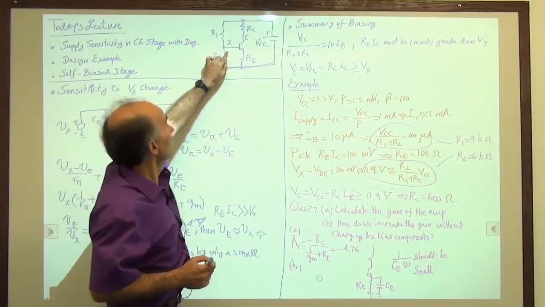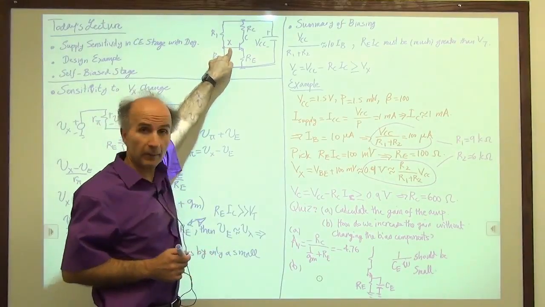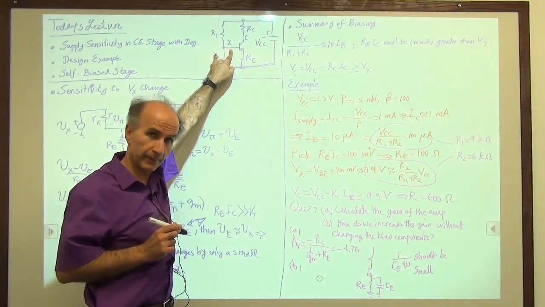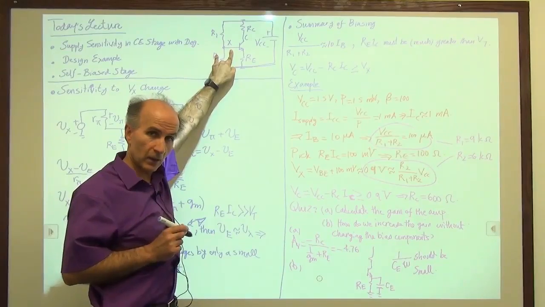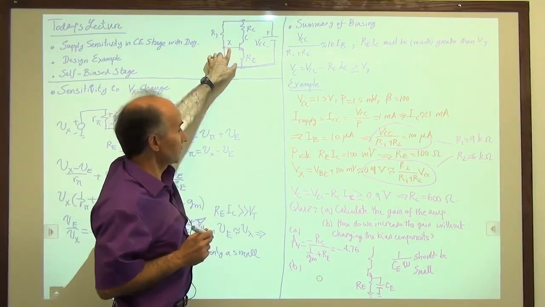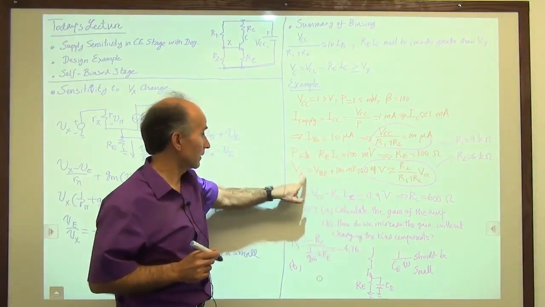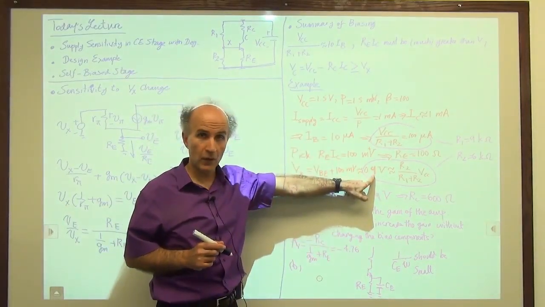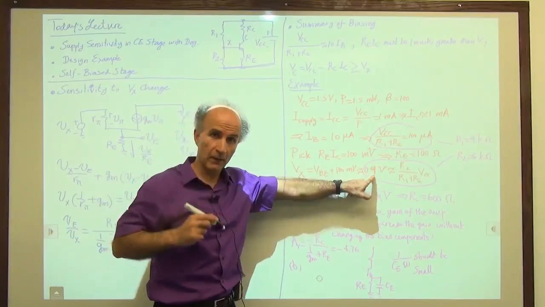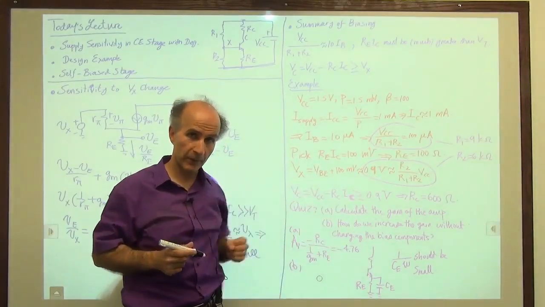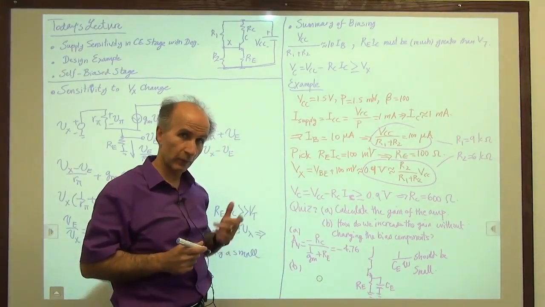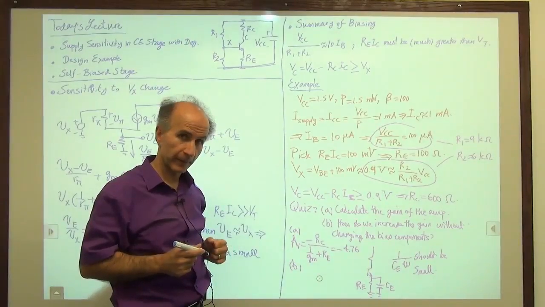We assume that this voltage goes up by 5%, just like before. So this voltage is 0.9 volts presently. If you remember, 0.9 volts. So when the supply goes up by 5%, this 0.9 volts goes up by 5%. So that would be 45 millivolts, right?